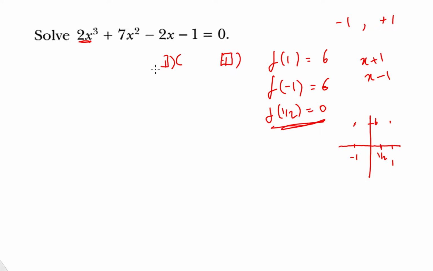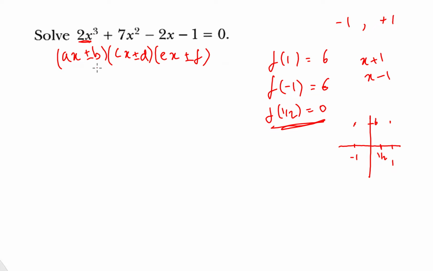So we're going to have something like ax plus or minus b, cx plus or minus d, and then ex plus or minus f. Okay, we know the values of b, d, and f.